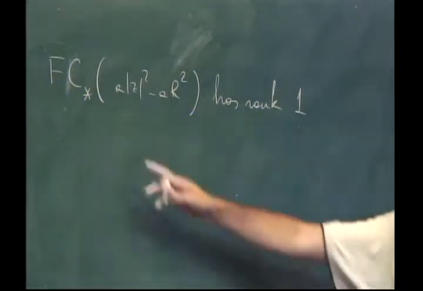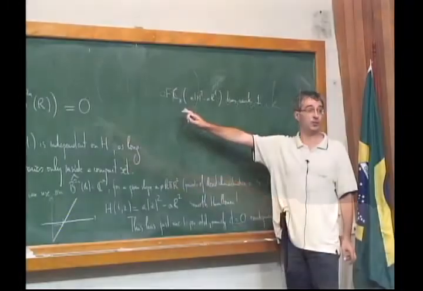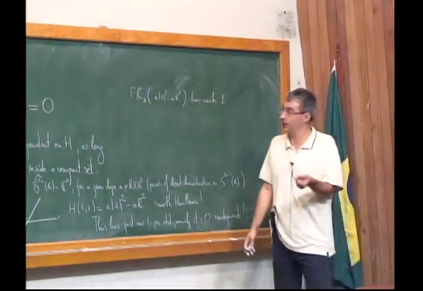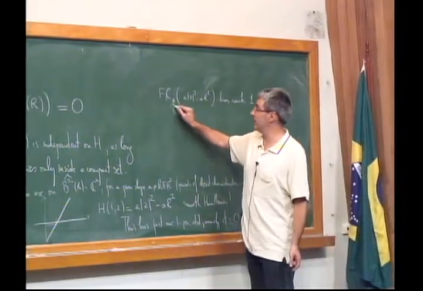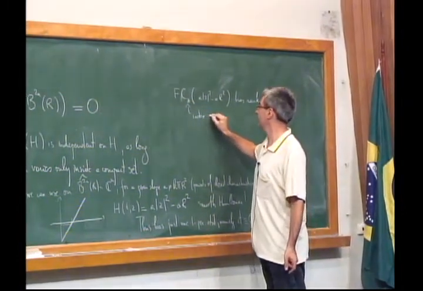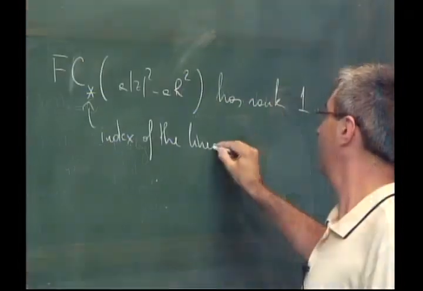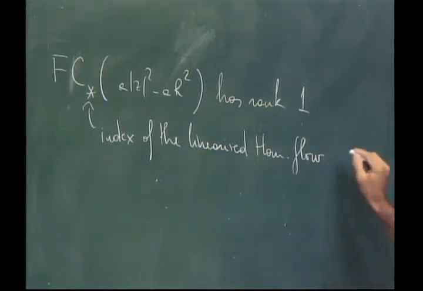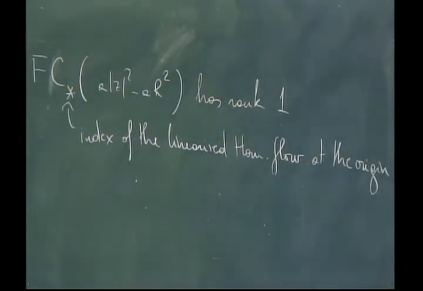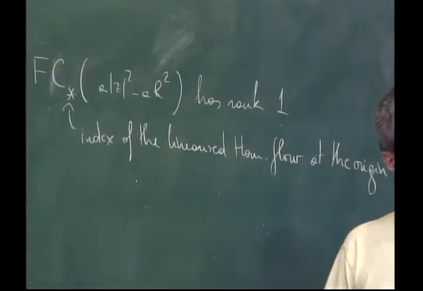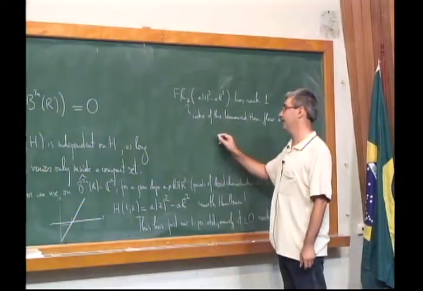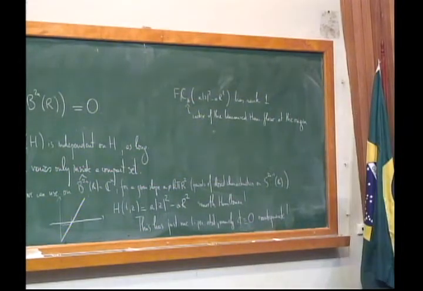And if you believe that this index functions as it should, namely that it is the index of that point, this is the index of the linearized Hamiltonian flow at the origin, then you see that it is actually the Conley-Zehnder index of a path of the form... wow, now I'm going to get it wrong, absolutely.